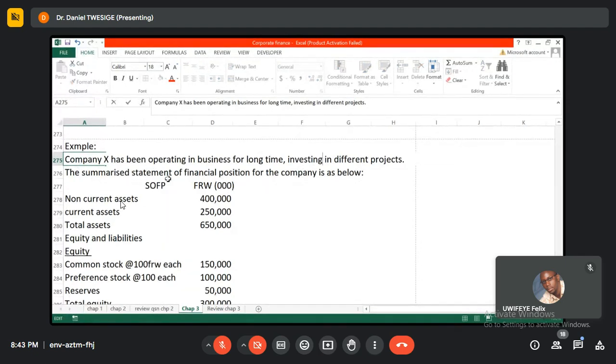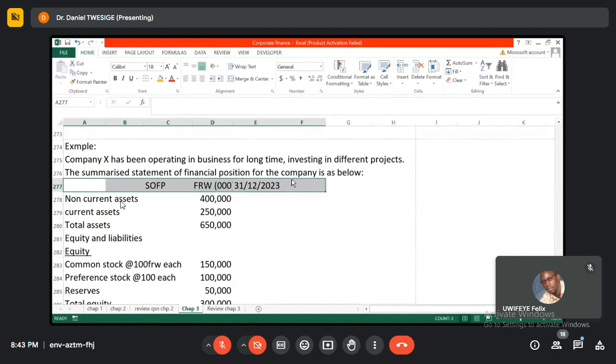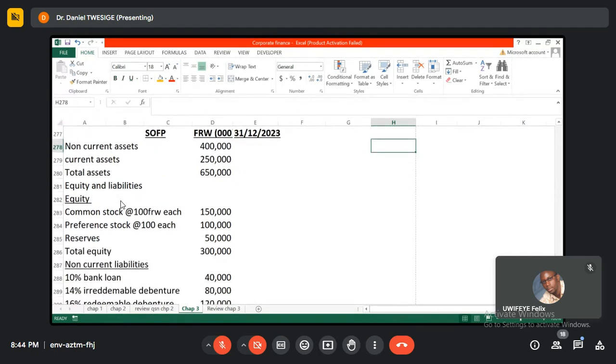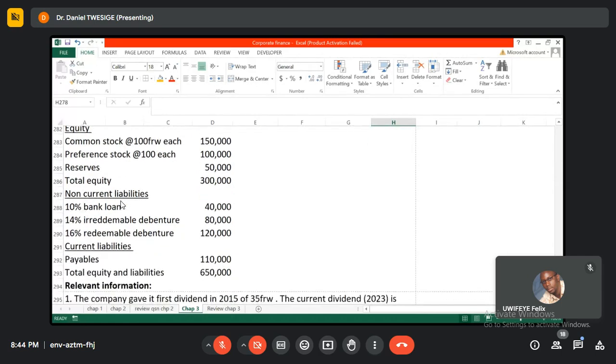Maybe we didn't put the year, but the year is 31st December 2023. So that is the financial position that we have.